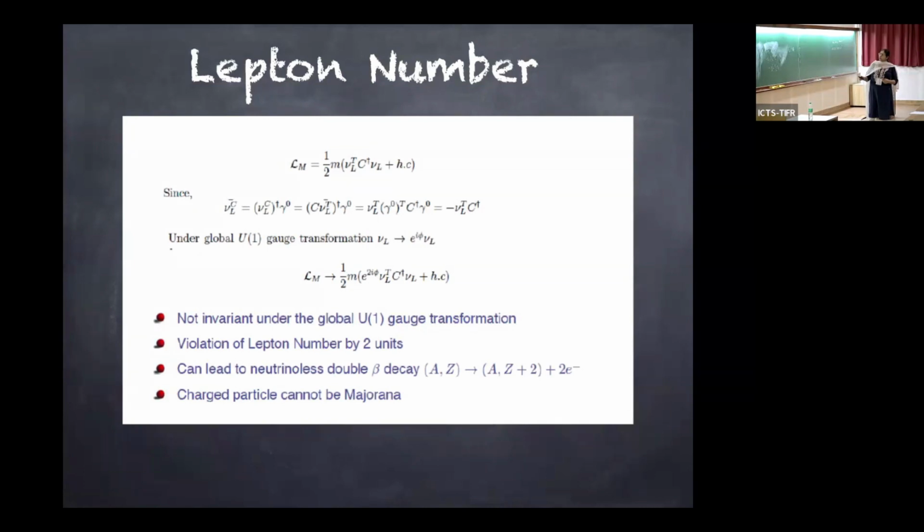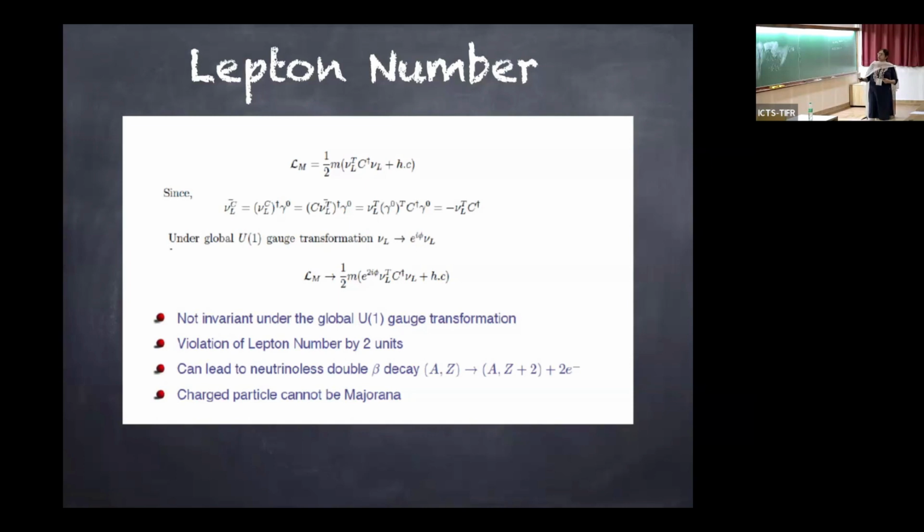So we can write gamma 0 transpose C dagger gamma 0 as C dagger. This is from the previous day. If you see your notes, you will see. So ultimately, I am getting nu L transpose C dagger. So nu LC bar also I can write as nu L transpose C dagger.